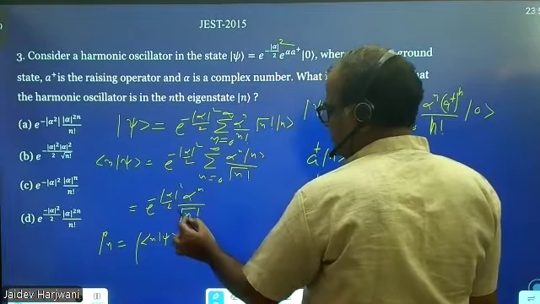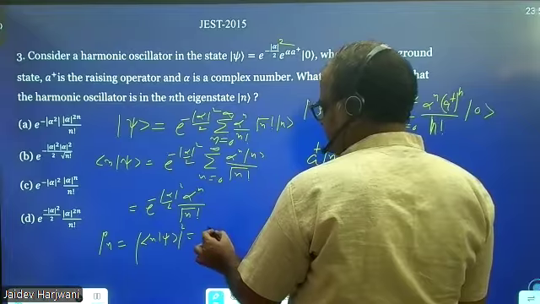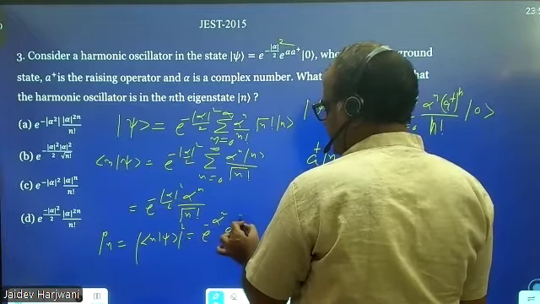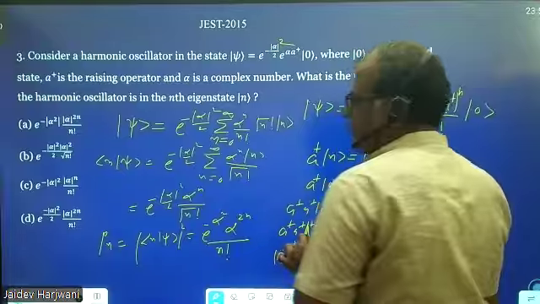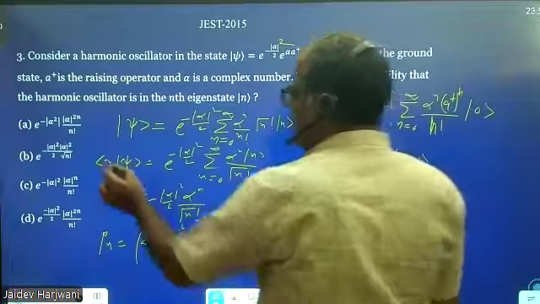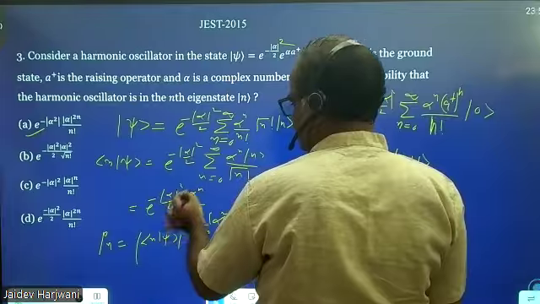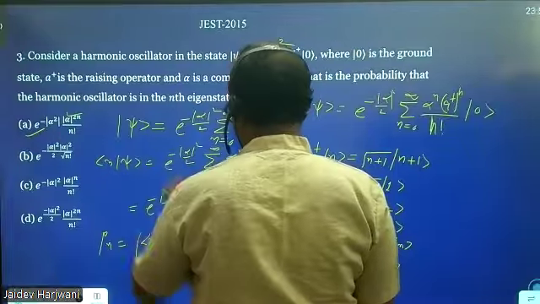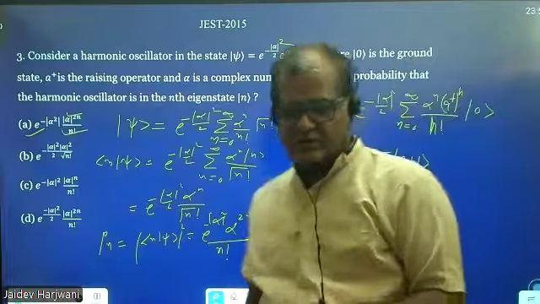That is, this term will become e^(-|alpha|^2) times alpha^(2n) over n factorial. Of course, there is the mod here, the 2 cancels, and you have |alpha|^(2n) over n factorial. So option A is the correct answer for this question. Thank you very much.